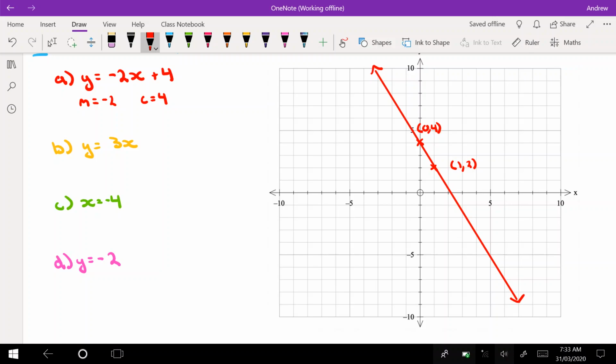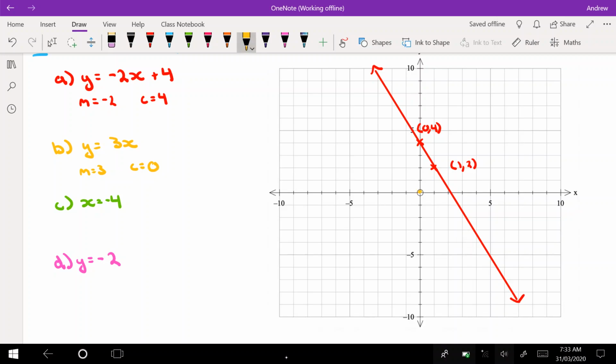Okay? Now, y equals 3x. My gradient is 3. Well, my c, I've got no number at the end there. I haven't added anything to the end. So my y-intercept is actually 0 in this case, because there's no number here. We haven't added anything, right? So if we haven't added anything, that just means that my y-intercept is 0.